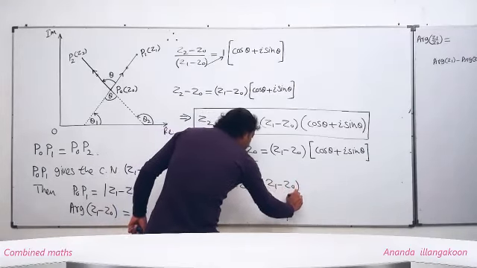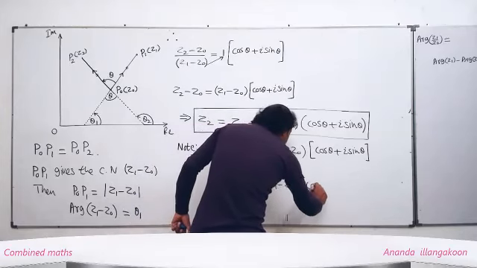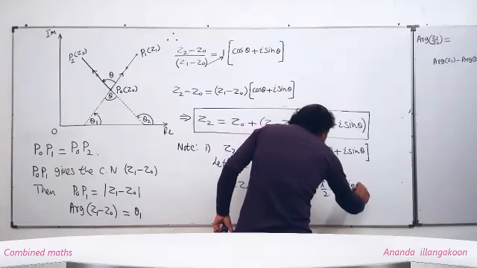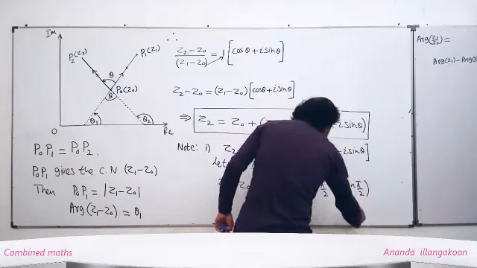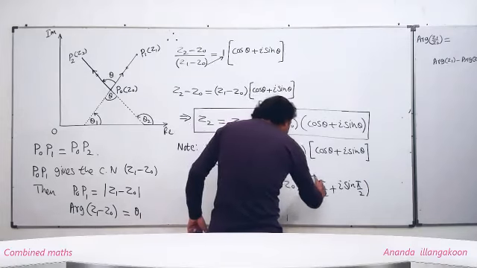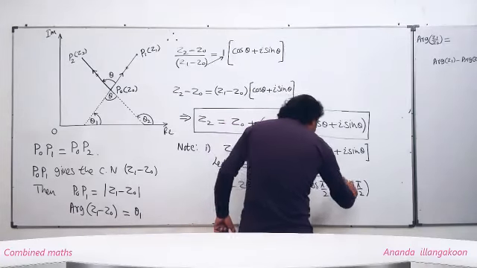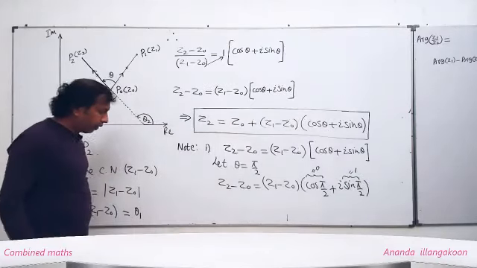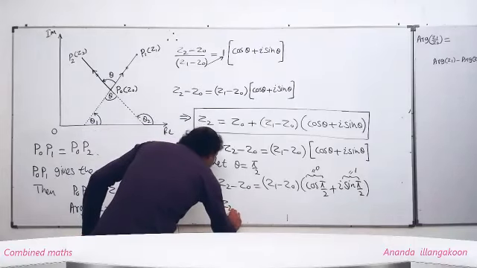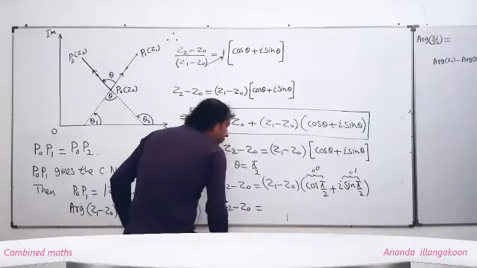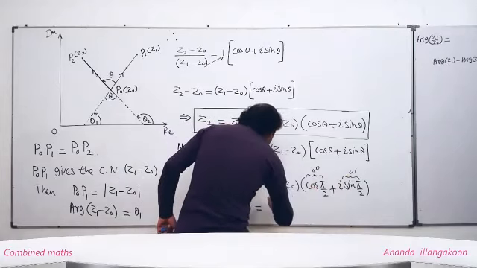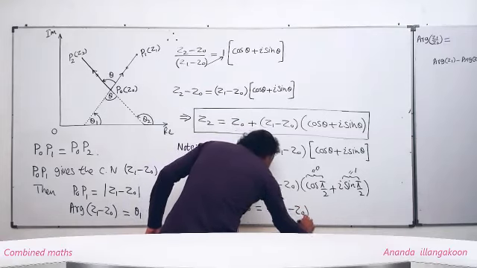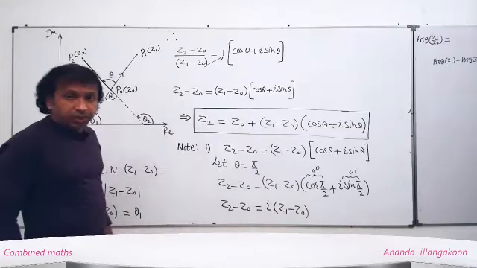(Z1 minus Z0) on the right hand side, times (cos pi by 2 plus i sin pi by 2). You know cos pi by 2 is 0, sin pi by 2 is 1. Then we get Z2 minus Z0 equal to i times (Z1 minus Z0). Okay, this is what we get.